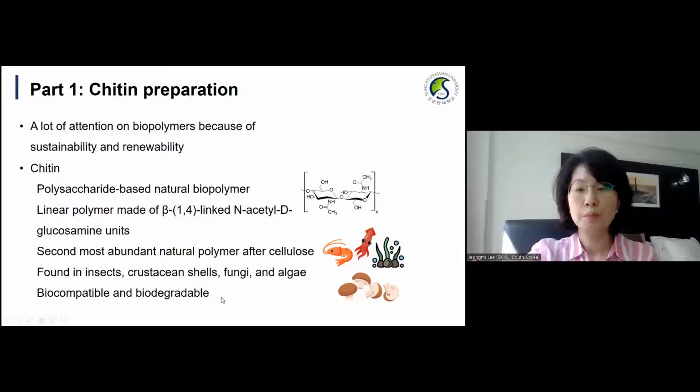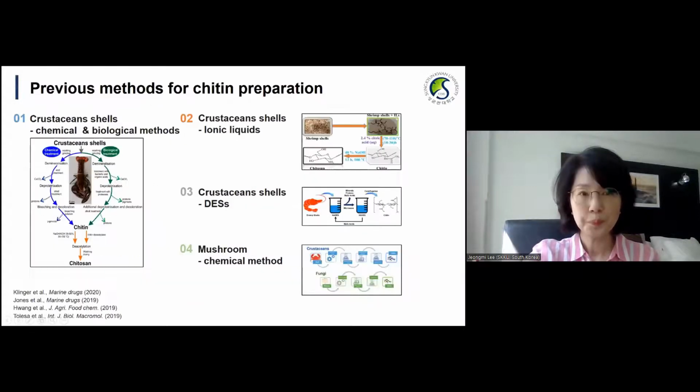There are many papers on preparing chitin from various sources and also modifying chitin into high-value, very useful materials. Chitin is easily found in insects, crustacean shells, fungi, and algae. There are several different kinds of methods to prepare chitin from natural resources.